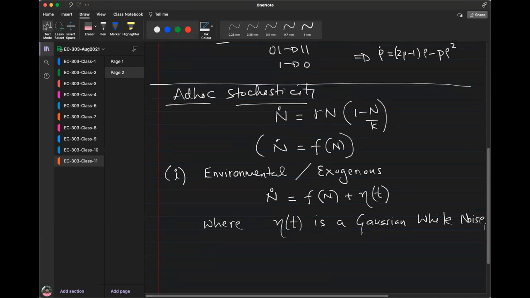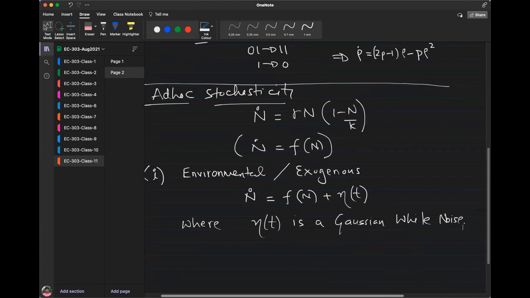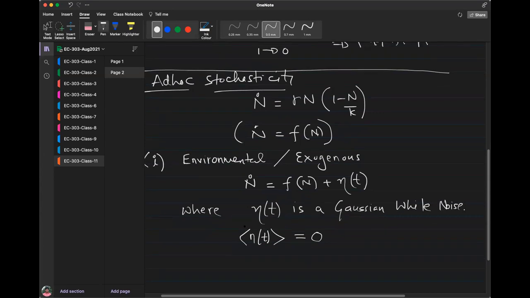So what do we mean by that? Again, any stochastic process must have some properties, right? And the key of them are that the mean is 0. In this case, we have to define a mean, and we have to define a variance. Okay, so the variance for this is defined in the following way.